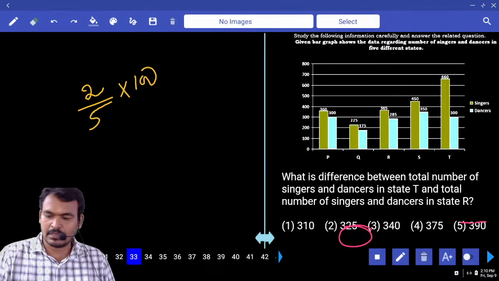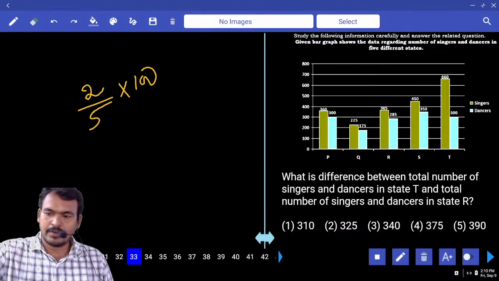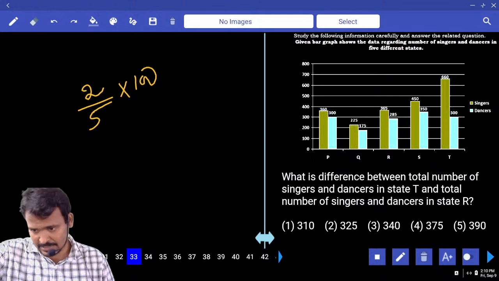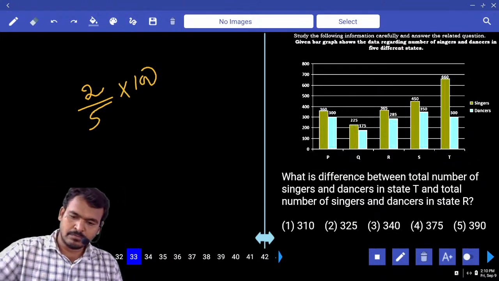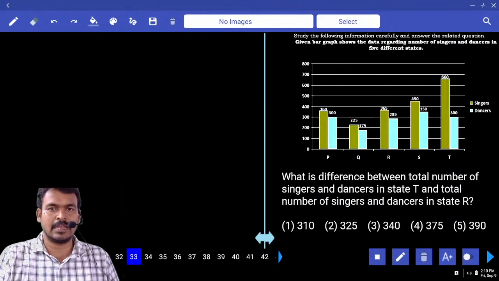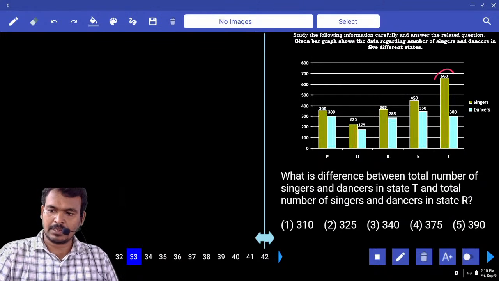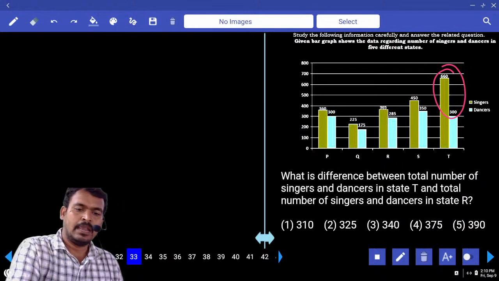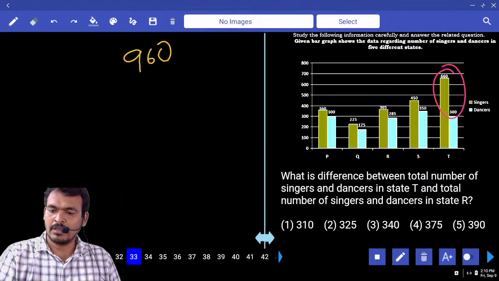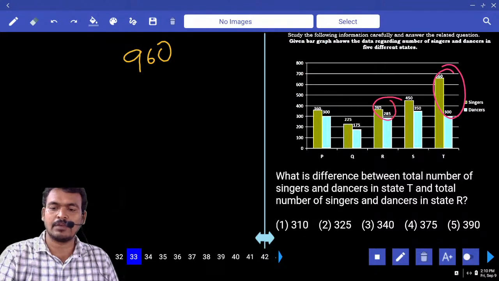Number 33. What is the difference between the total number of singers and dancers in state T and the total number of singers and dancers in state R? Singers and dancers in state T, singers and dancers in state R. First state T, what is the total value? 960. State R total value, 365 plus 285.